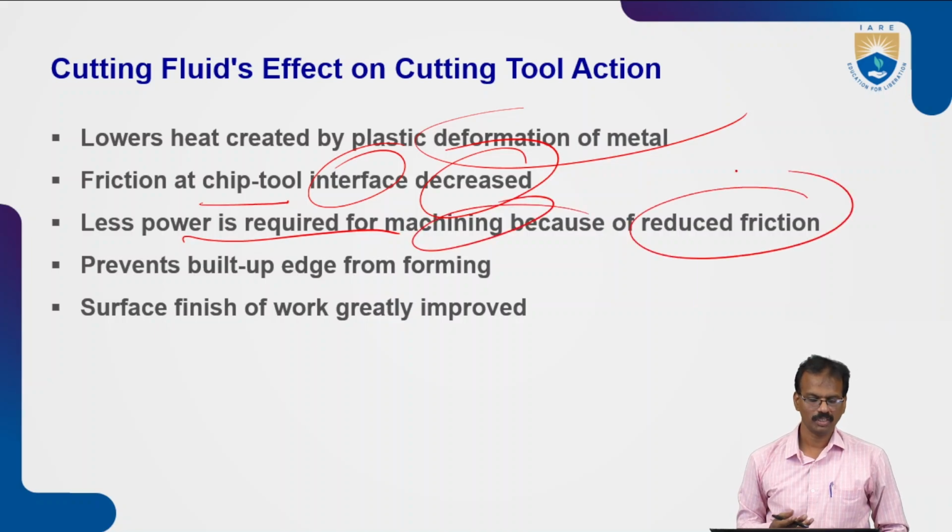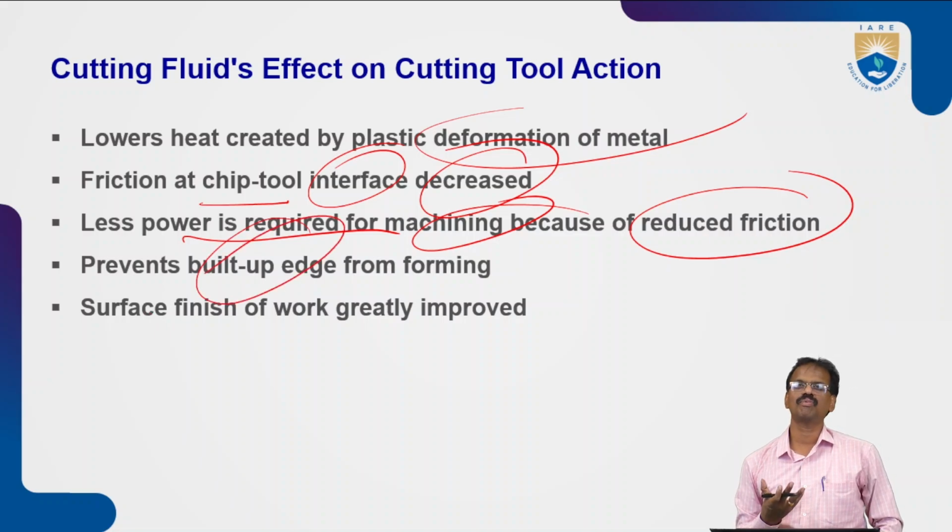Next, it prevents built-up edges. We already told that built-up edges occur due to overheating of the chip and the face of the tool also. So that will be decreased. The built-up edge problem will be removed by applying the cutting fluids.